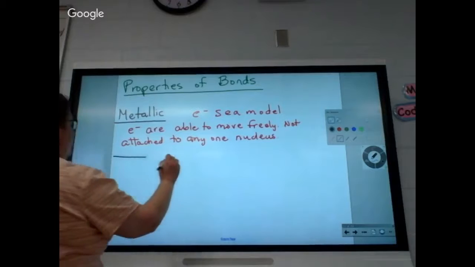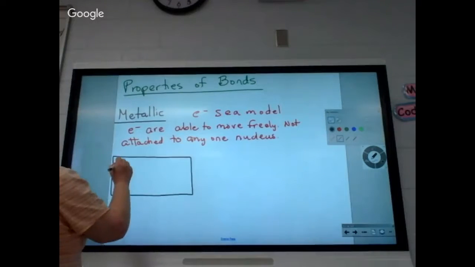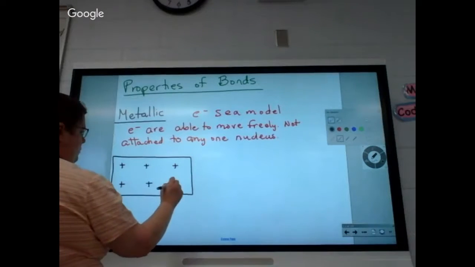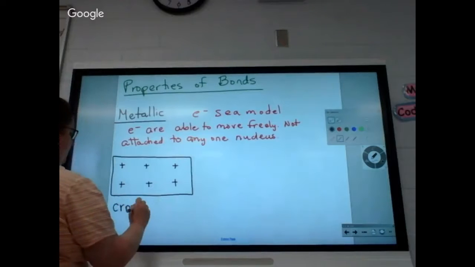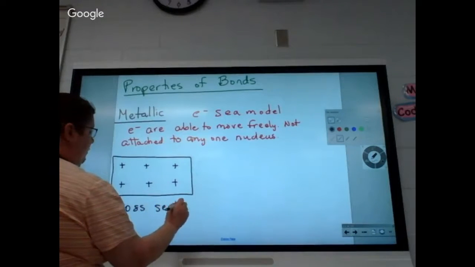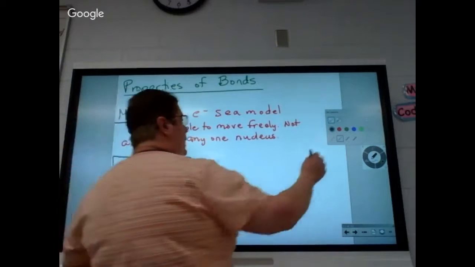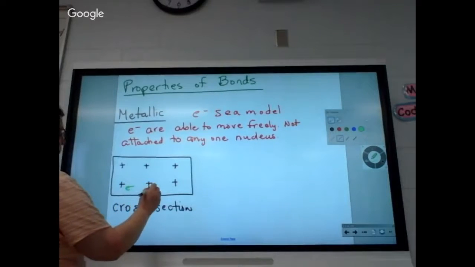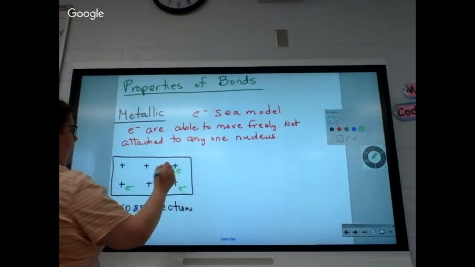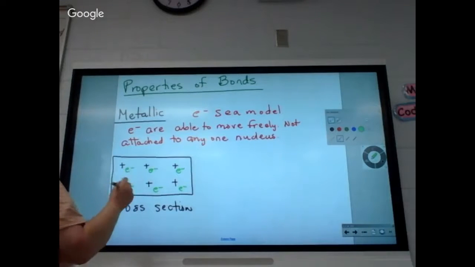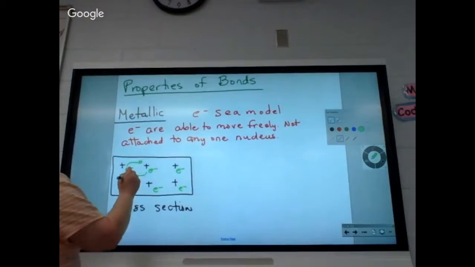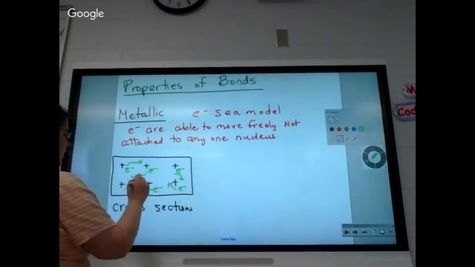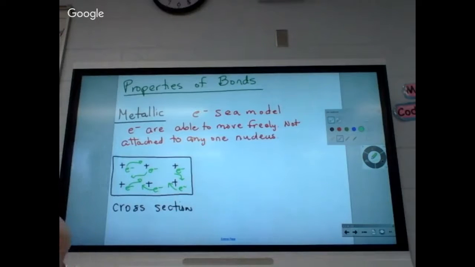I think you're the class I drew this really stupid picture for. All right, so if you consider this as a cross section of a metal, okay? Just think of this as a cross section of a metal. If you have some miniature nucleuses or nuclei, and you have electrons, these electrons are able to move and go wherever it is they want to go.